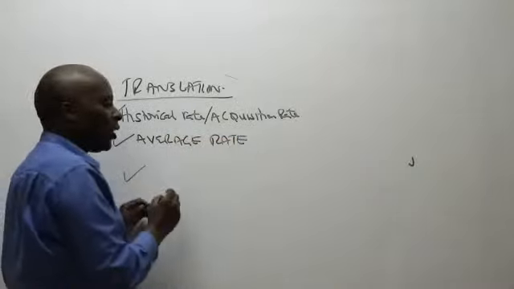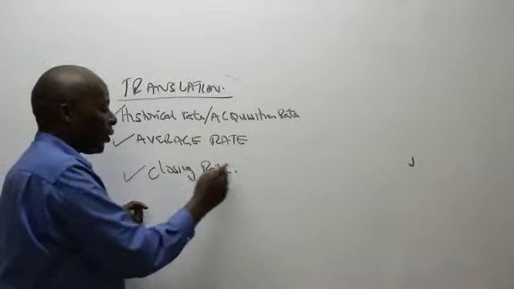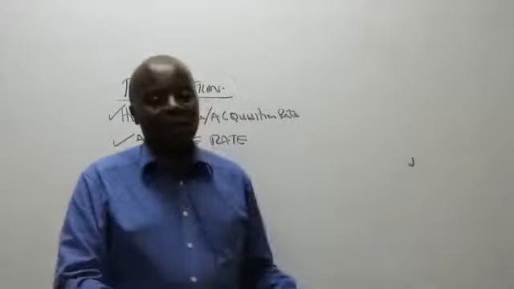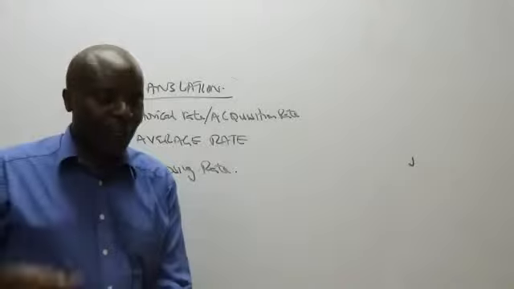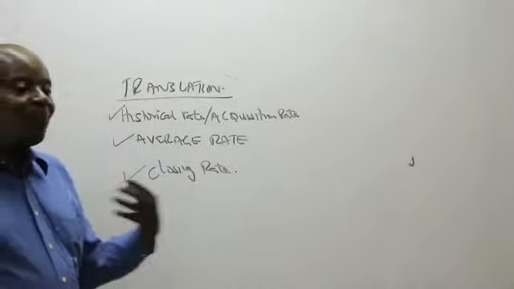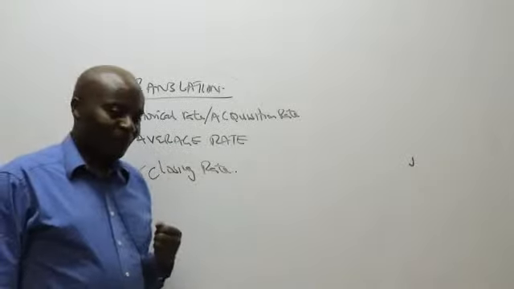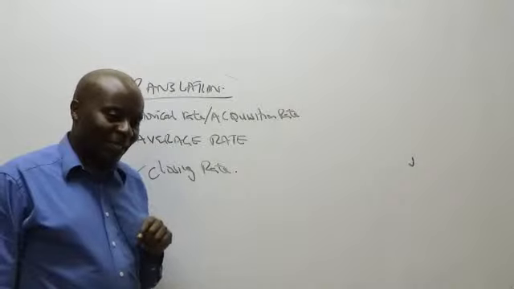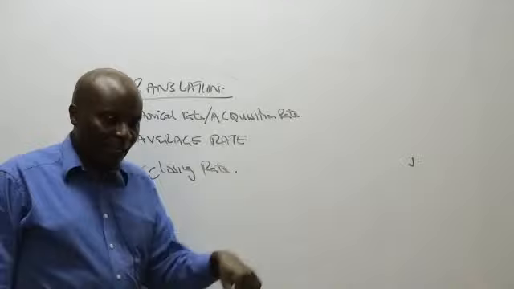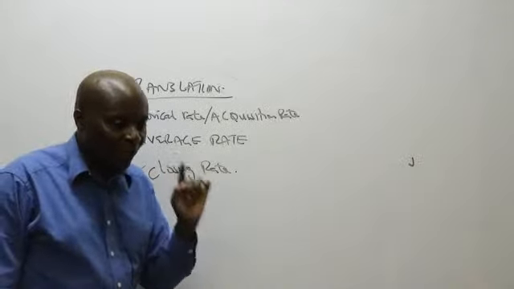And then lastly, you'll be given the closing rate. So, ladies and gentlemen, if I'm given these three kinds of rates, how will I apply them during my translations? There is one thing I will never forget, that income statement items always use the average rate.